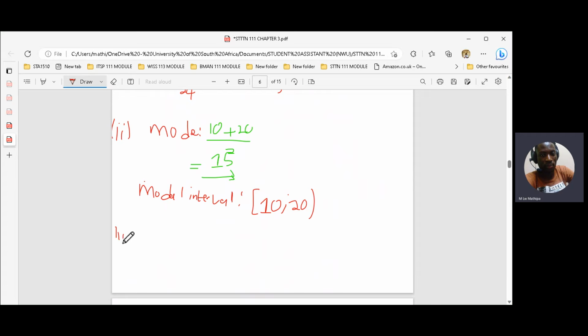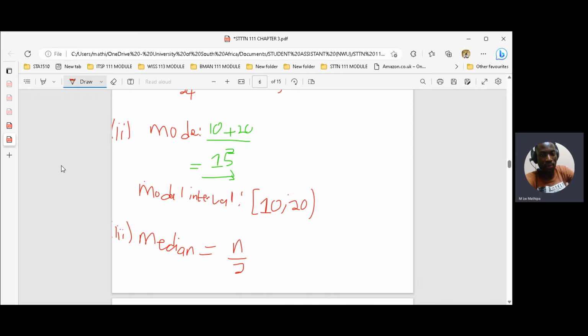Now we are left with the median. This is the formula that we are going to use for grouped continuous data, n divided by 2.